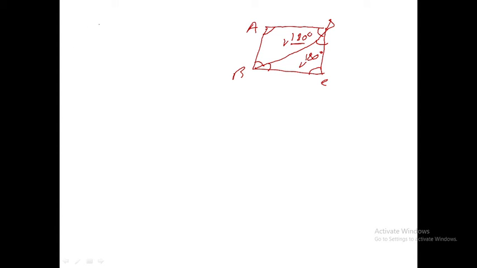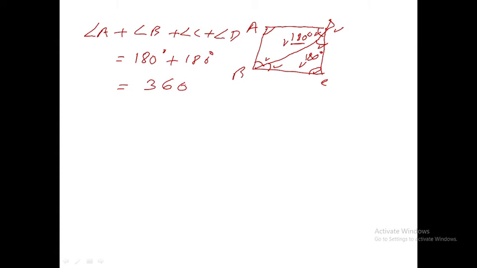So the sum of angle A, plus if I add this angle and this angle we get angle B, plus this angle C, plus this angle and this angle together forms angle D. So the sum equals 180 degree plus 180 degree, which equals 360 degree.